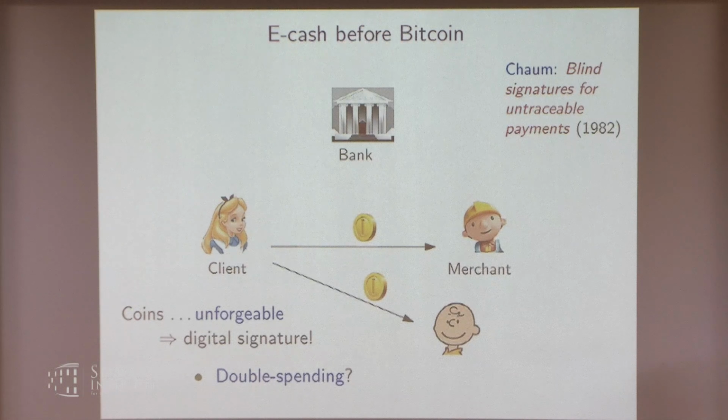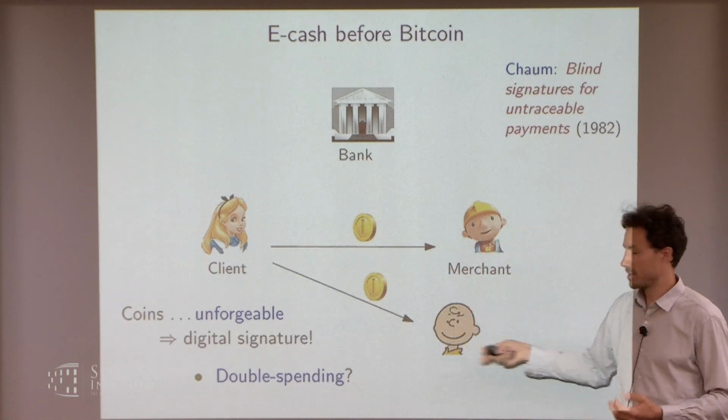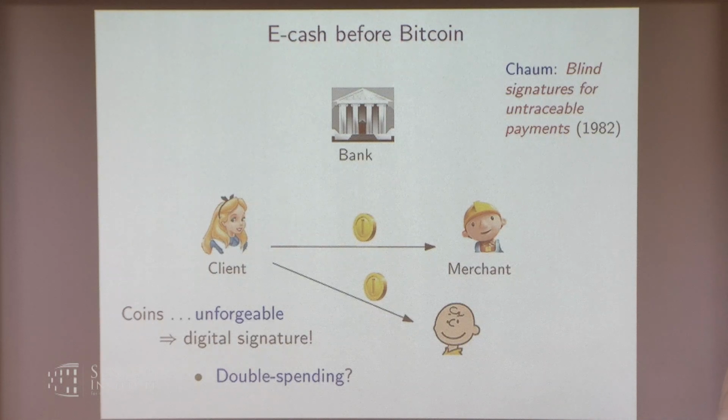So the main task was to solve this issue of double spending. How can we prevent Alice from taking her coin, spending it with Bob, and then taking the same coin again and spending it with Charlie, which would not really yield a reasonable currency system.